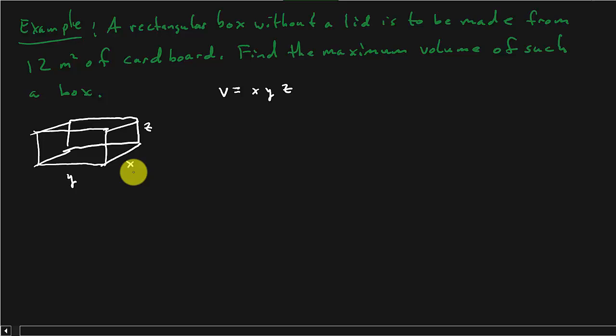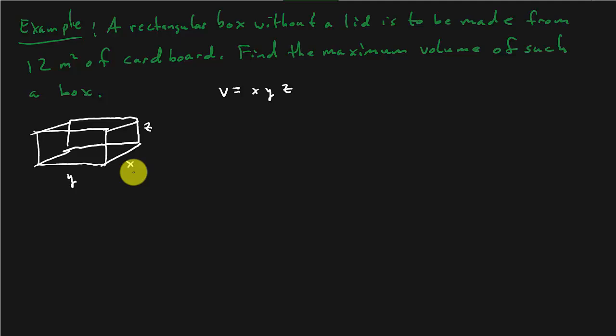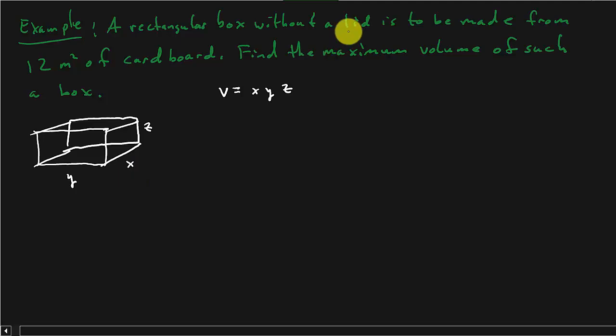Okay. So if you look at this, and notice it doesn't have a lid. All right, that's a big deal because then we don't have to include the top. So the area of this face right here, that's x times z, and then we have another one over here. So we've got x times z plus x times z, so that's two of them.